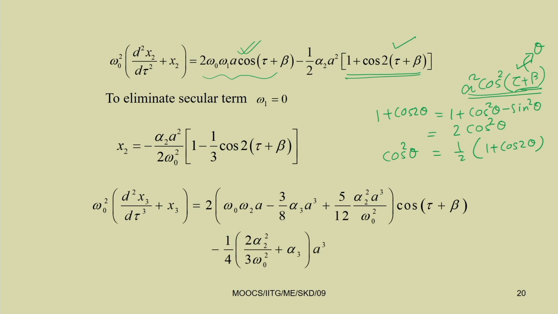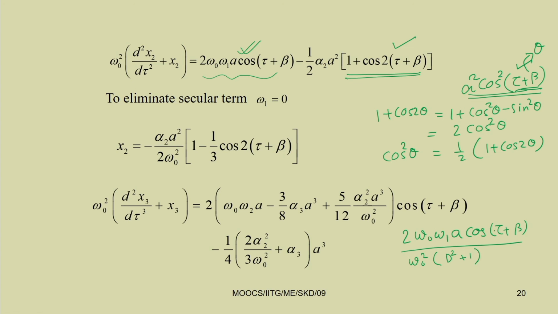To eliminate this secular term, look at the particular integral, which will be 2 omega 0 omega 1 a cos tau plus beta divided by d square plus 1.